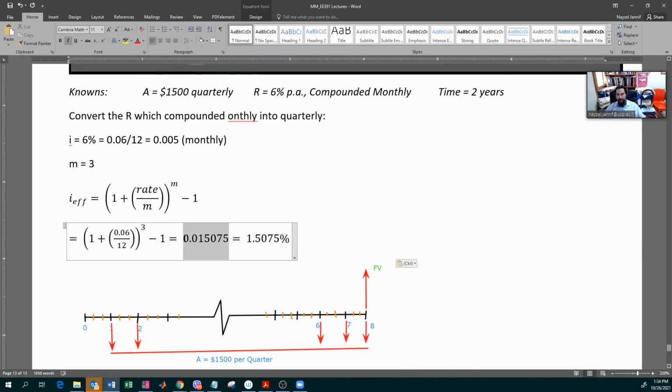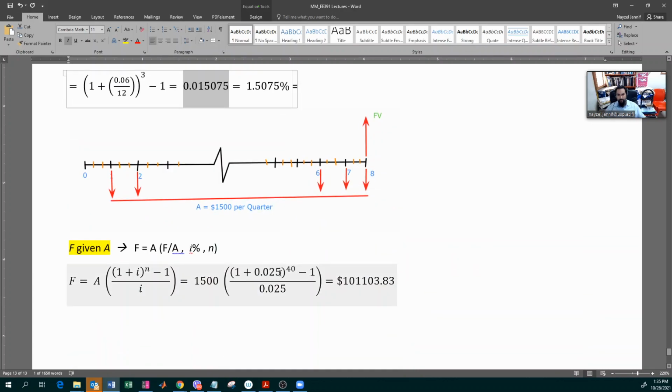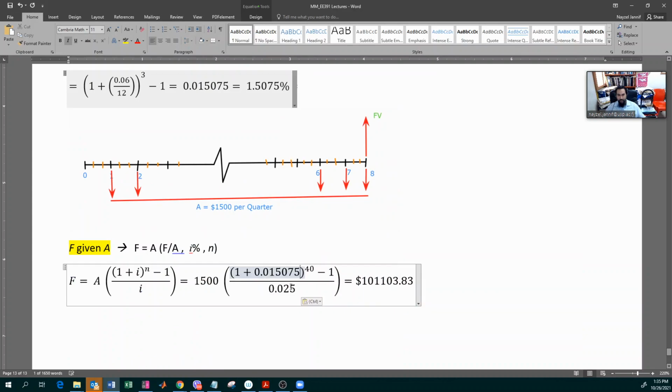It's 0.01 whatever, this long answer, and our period is 8, and our answer is, I think, 12,652.60.